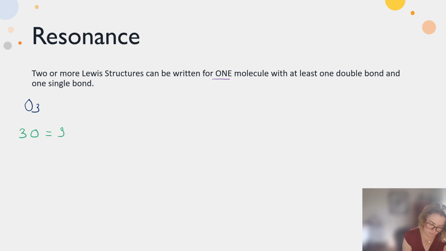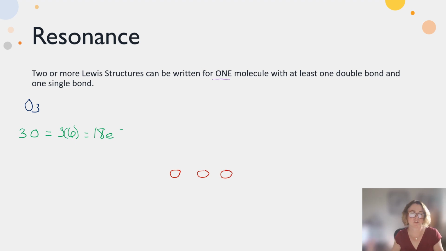Each of them have 6 electrons. And so inside of this structure, I'm going to have 18 electrons. The only way that I can connect all of these oxygens to each other is to put 1 oxygen in the middle, and then I have 2 on either side. And I'm going to connect them to each other with a line.